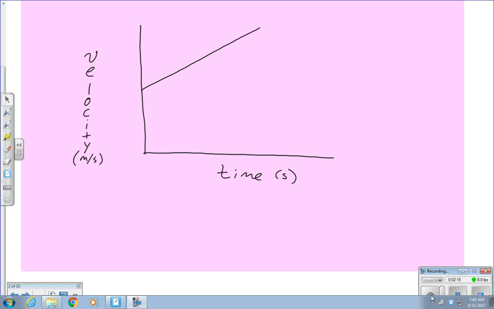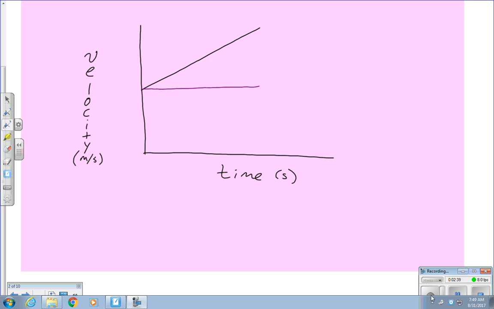So here is a velocity time graph, and as you might remember, the displacement of an object during a period of acceleration, from a velocity time graph, can be found by taking the area under the curve. This is the graph of an object with constant acceleration on a velocity time graph.